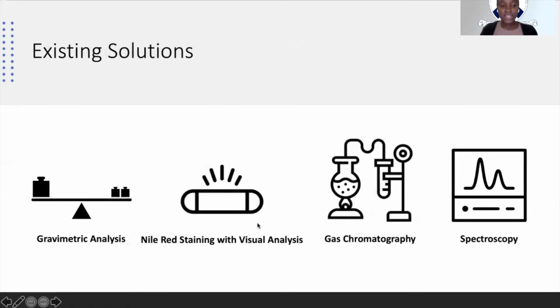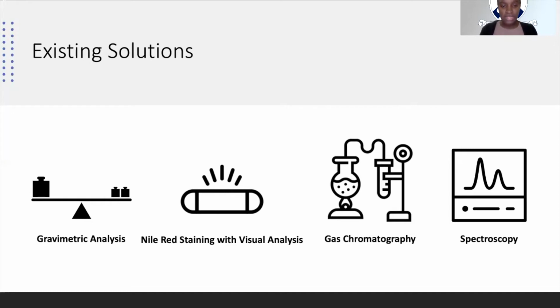Some existing solutions are gravimetric analysis, which, as you can see from the picture, involves taking the weight of a sample and comparing it to the average weight of one microplastic, and then finding what the number of microplastics in the sample could be.